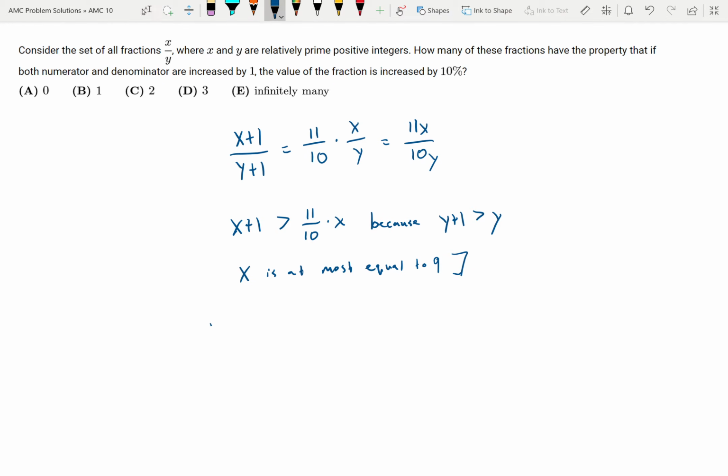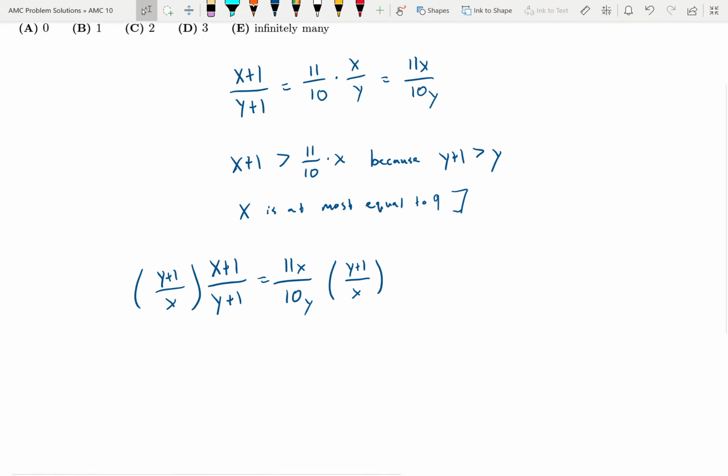So now I want to look back at this initial equation. So x plus 1 over y plus 1 is equal to 11x over 10y. And basically, I'm just going to try to isolate y. I'm going to do that by multiplying both sides by y plus 1 over x. And we're just going to work from here.